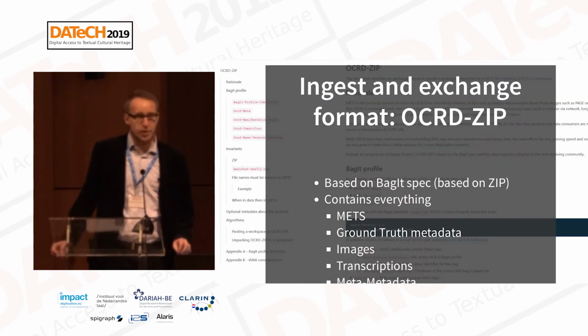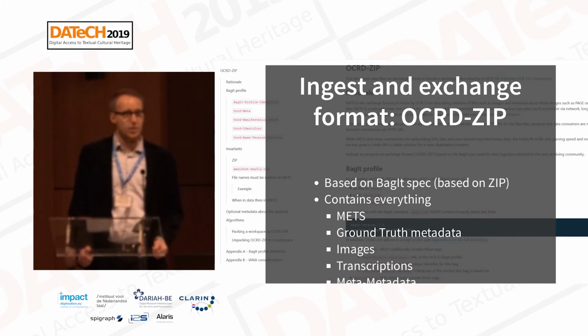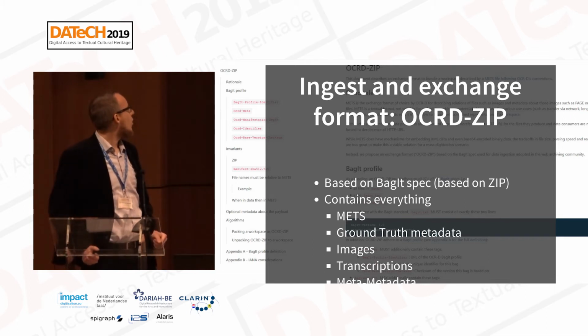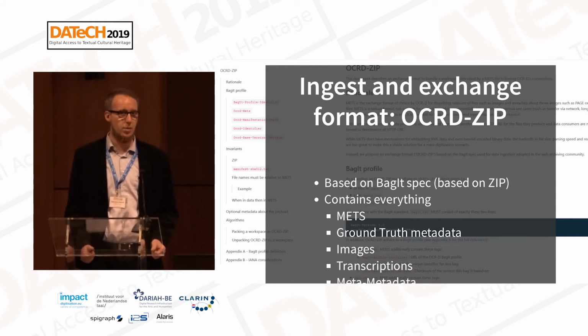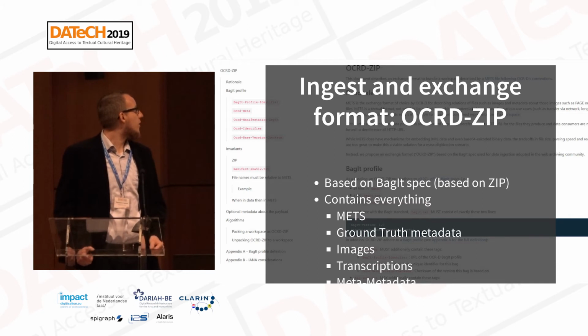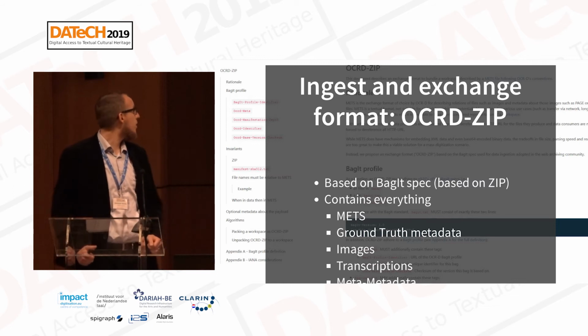Then I've talked about reusability and shareability. For that, we've developed a format which we call OCRD-ZIP, which is based on the BagIt format used in web archiving and archiving in general, which in turn is based on just ZIP, that archive format.